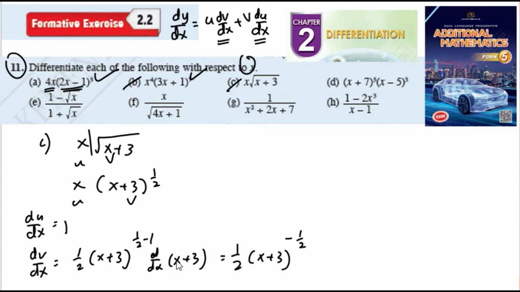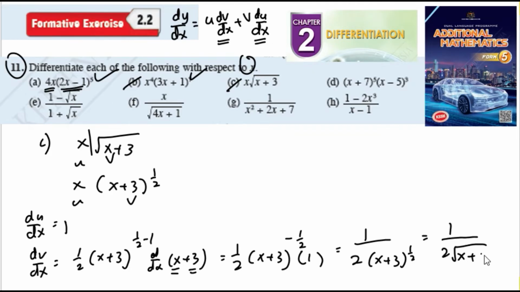So you see here, this one is x plus 3. When you differentiate x, you get 1. And when you differentiate this, you get 0. So just 1. So you get 1 over 3, you bring the power down, you get (x plus 3) to the power of negative two thirds, which is equal to 1 over 3 times the cube root of (x plus 3) squared. Now you have du over dx, you have dv over dx.